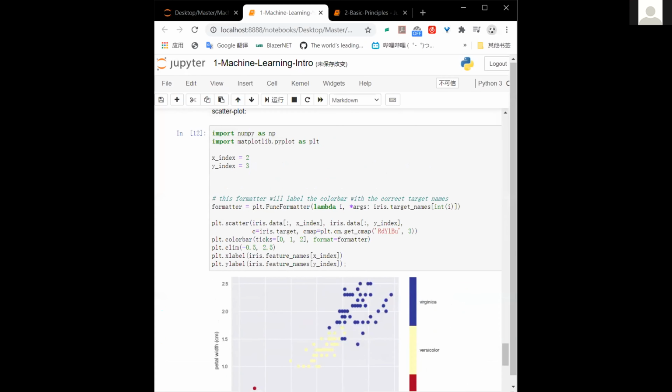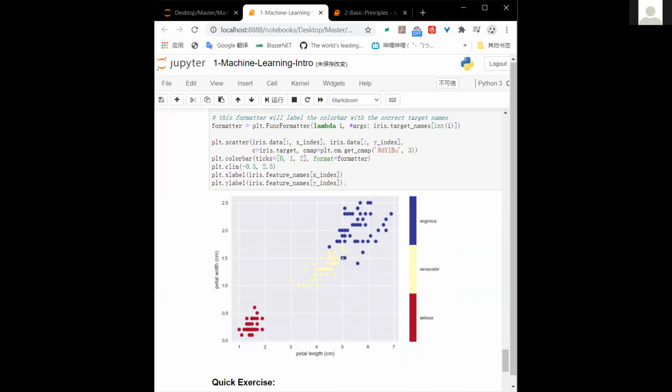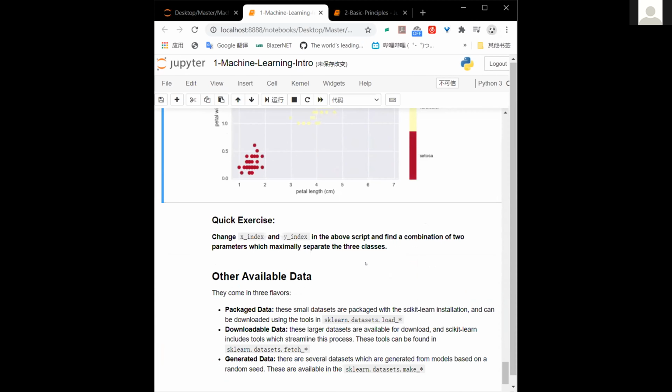So you can see it's very messed up. I think I ran into a similar issue: you want us to change the index and find the best way to separate the data. But apparently the index value that is currently set separates better than any other index value for me.